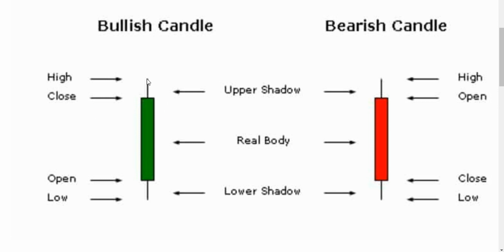These candlestick wicks just mean that the stock price went up to a high of this point during that day and a low of this point during that day, but it opened here and closed here, and that's what forms the candlestick body. The wicks basically let you know that the price went this high and this low. And on this side, it's everything in reverse.